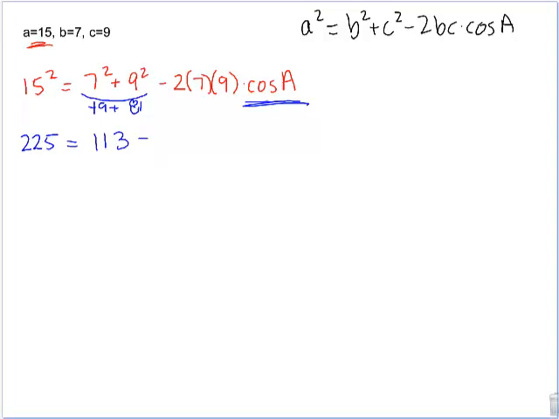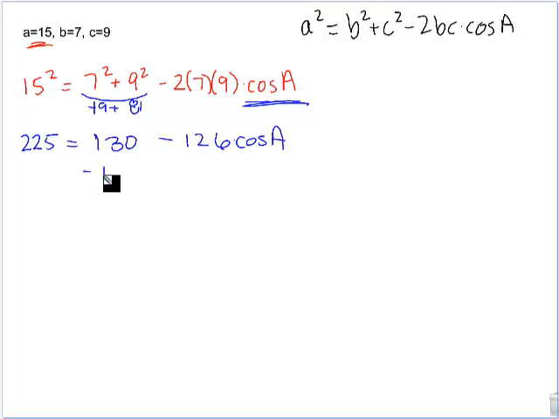Got it. 113 seems a little small. All right, 130. All right, and then what would our 2 times our 7 times our 9 be? Okay, minus 126 times the cosine of A. All right, now we're trying to get the cosine of A alone, so what would we have to do next?